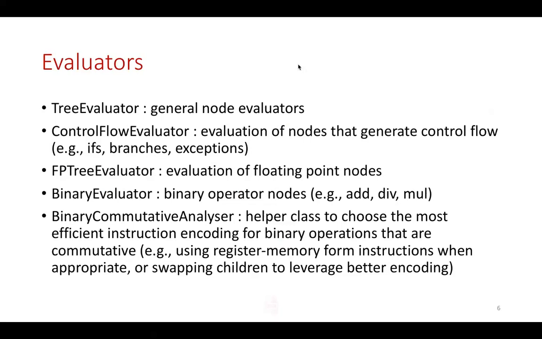FP tree evaluator typically contains floating point evaluation code, so we tend to stick it all in there. Binary evaluator contains evaluators for binary operators, so adds, subtracts, multiplies, that sort of thing. There typically is a unary evaluator as well. I don't list it here, but there's usually a unary evaluator for things like negation and other operations that deal with that.